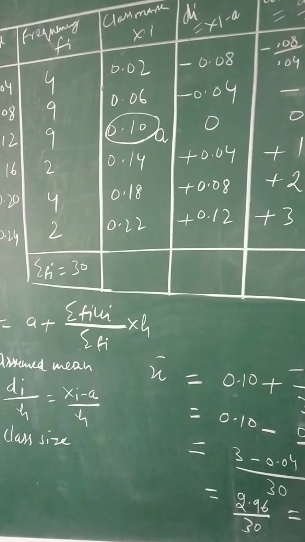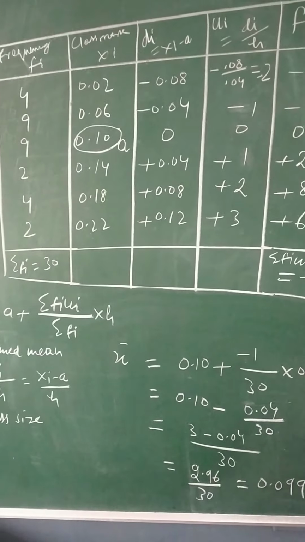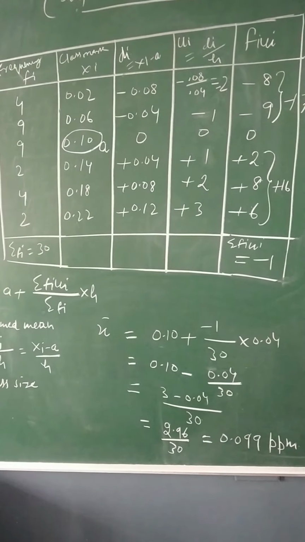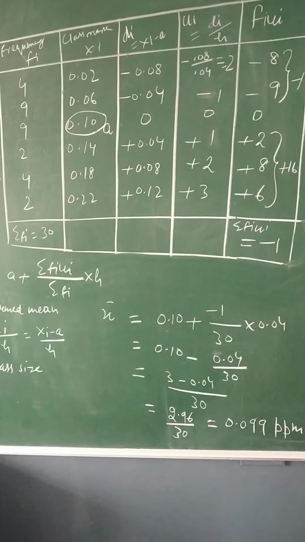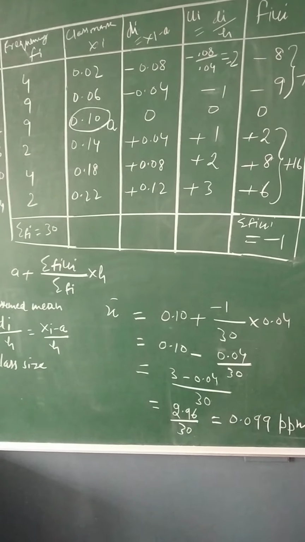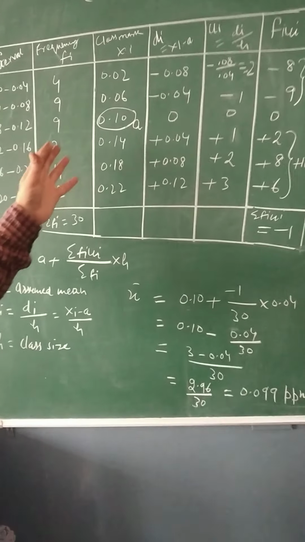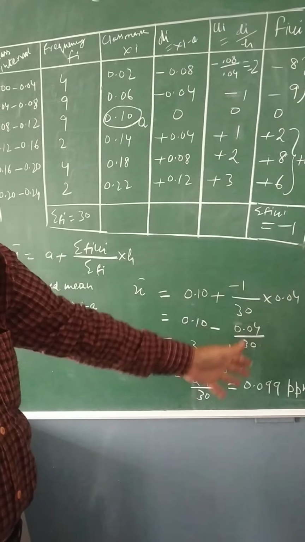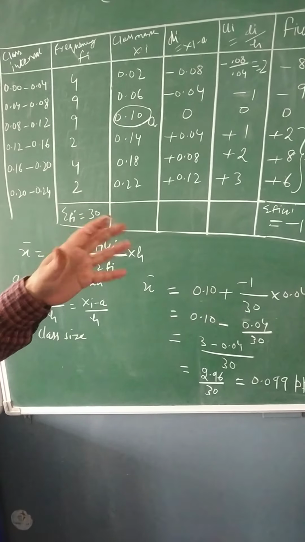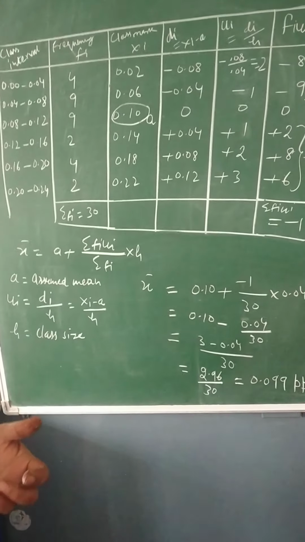Kindly go through the calculations properly, and at least apply these 3 for the knowledge's sake in 2 or 3 questions of your exercise. You will be very clear what the advantage of using them is. You will find the calculations are easiest in the step deviation method, that is the advantage.